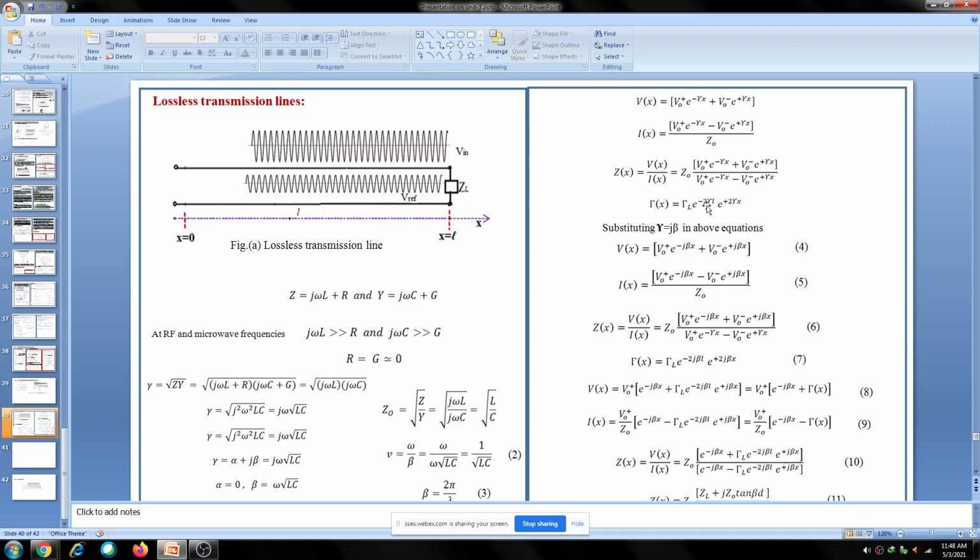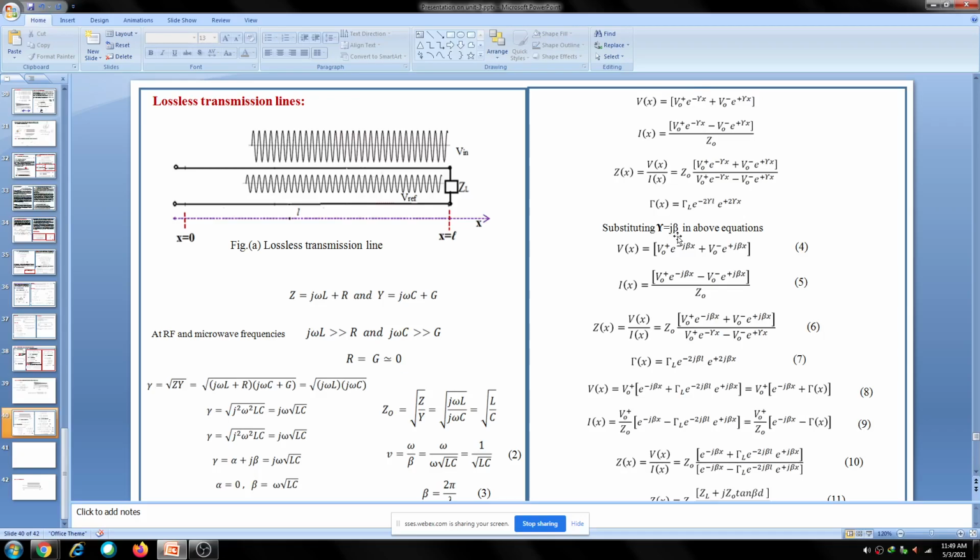But now for a lossless line, gamma reduces to j beta. So in these equations you substitute gamma equal to j beta, and you will get these equations 4, 5 and 6. Wherever gamma is there, you replace it by j beta.